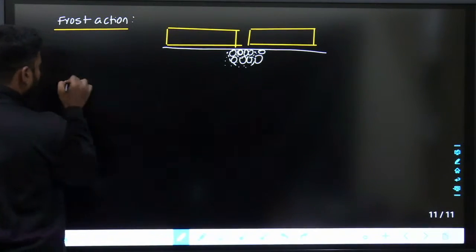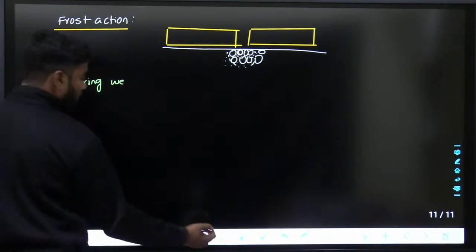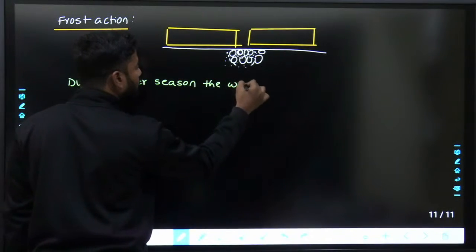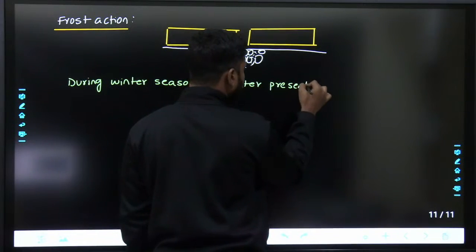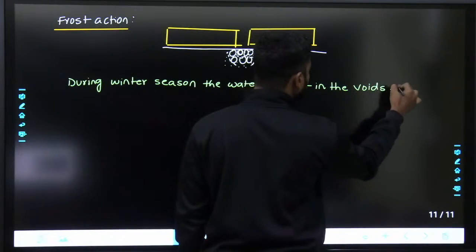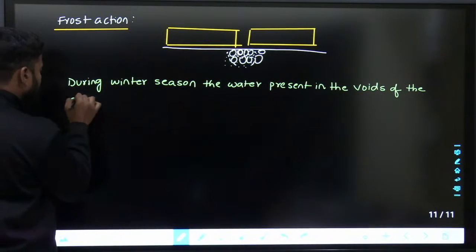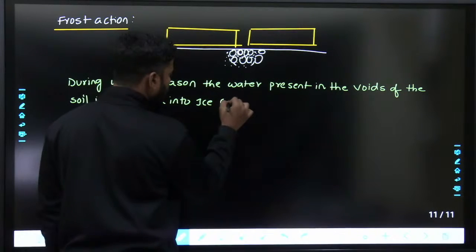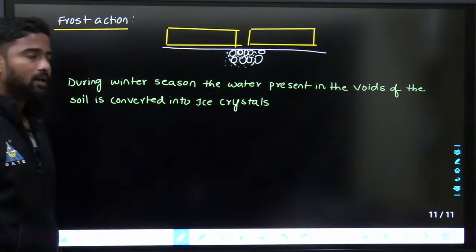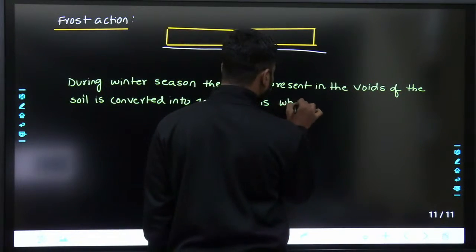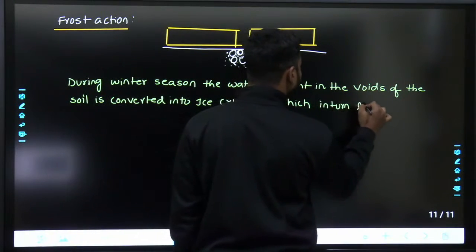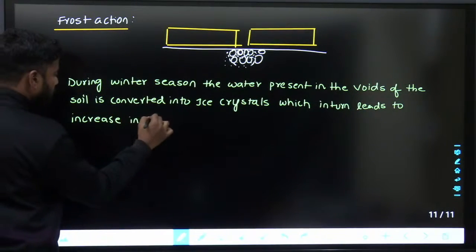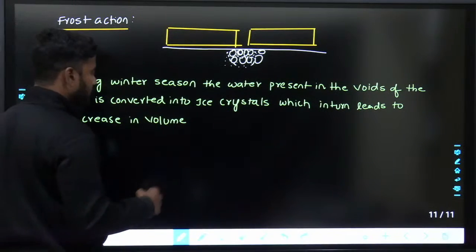So what you can write down is, during winter seasons, the water present in the voids of the soil is converted into ice crystals, which in turn leads to increase in volume that creates heaving.